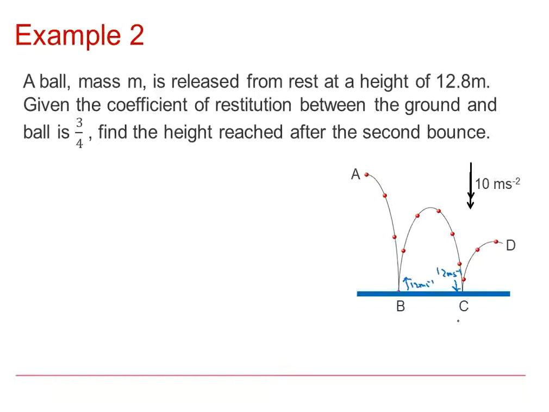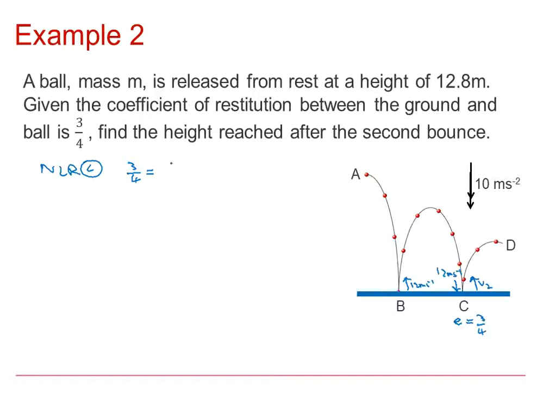So there's going to be another collision with the ground at C. E is the same value of 3/4, and so I can reapply Newton's law of restitution at C. So the coefficient of restitution, which is 3/4, is the separation speed. So I'm going to have this mass rebounding at C with a speed v2, so I don't get my velocities muddled up.